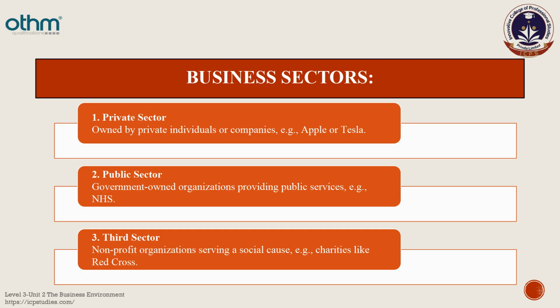So now I am going to explain these three sectors one by one. The first is the private sector. The private sector is usually owned by private individuals or private companies.